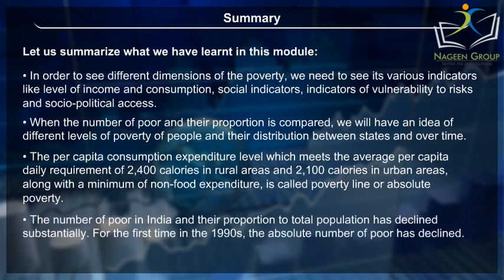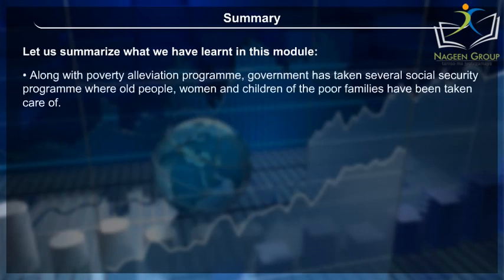The number of poor in India and their proportion to the total population has declined substantially. For the first time, in the 1990s, the absolute number of poor has declined. Along with poverty alleviation programs, the government has taken several social security programs where old people, women and children of poor families have been taken care of.